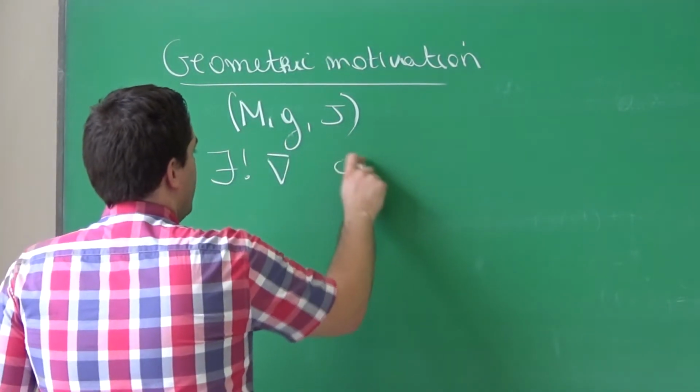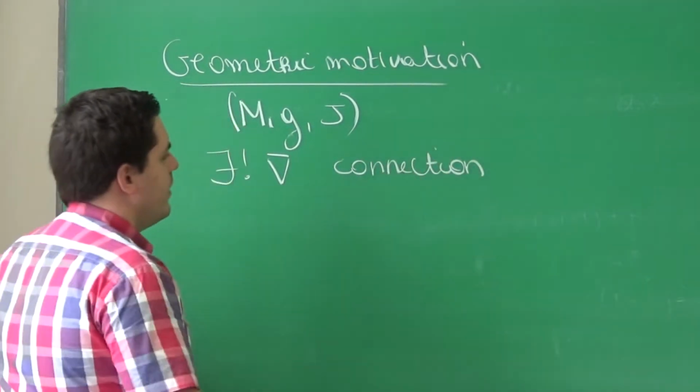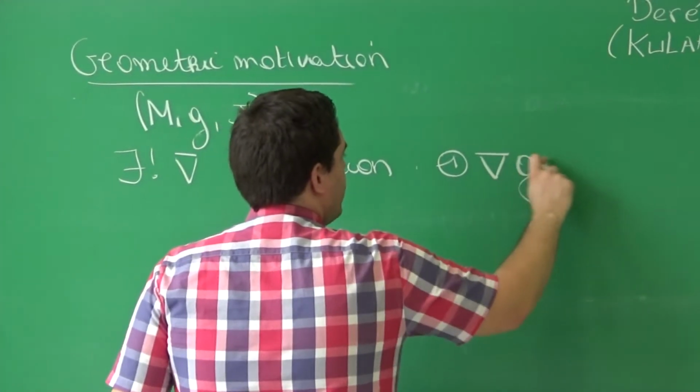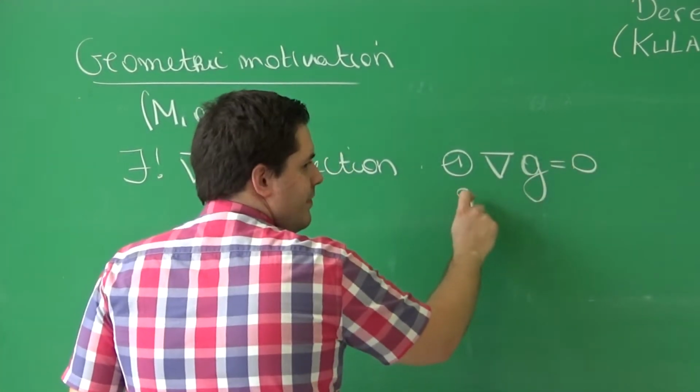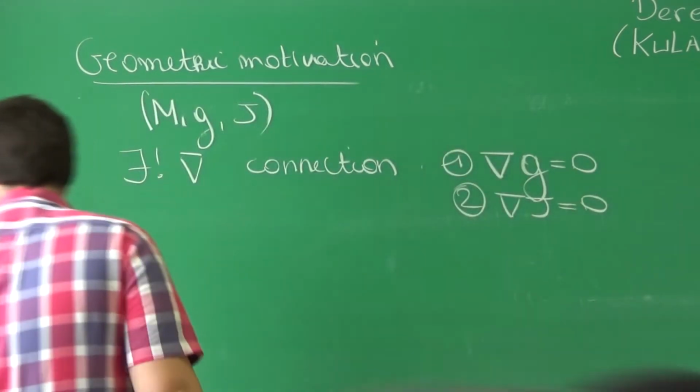So the properties you have for this connection: on the one hand, it behaves well with the metric. On the other hand, it behaves well with the almost complex structure.